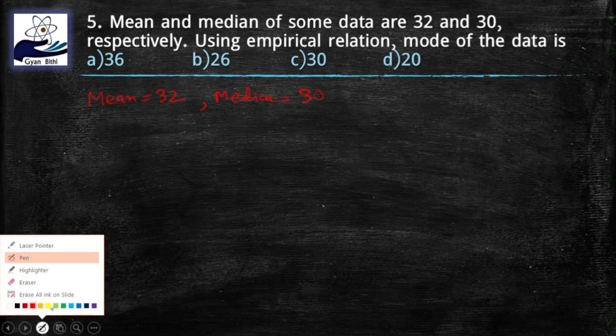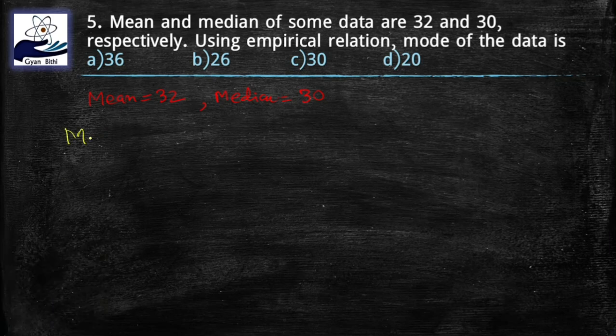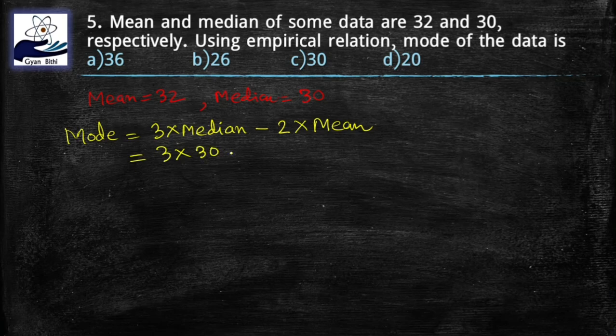We know that the empirical relation is mode is equal to 3 into median minus 2 into mean. So just put those values. 3 into median means 3 into 30 minus 2 into 32. So this will give you 3 nines are 27, which means 90, minus 64, which is 26.